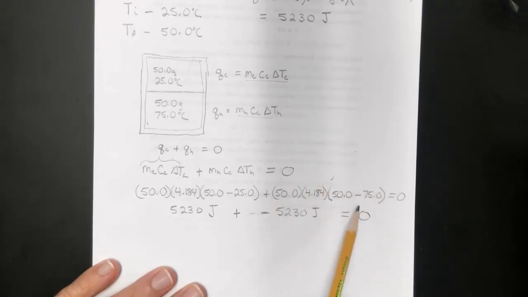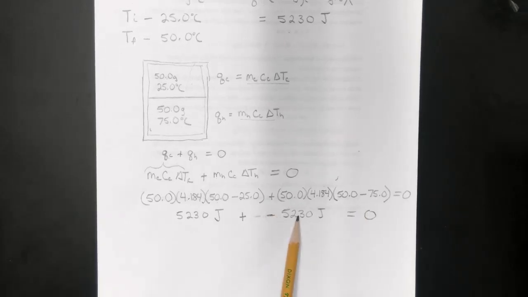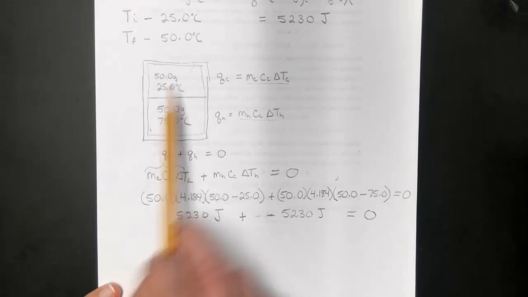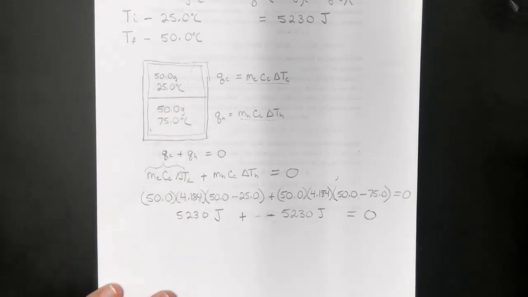Okay. Now, what does this negative sign represent? That represents energy leaving the system, or energy leaving the substance. So in the hot water case, energy left and went to the cold water. And that's why the cold water warmed. A positive value for heat tells you that energy is going into the substance.